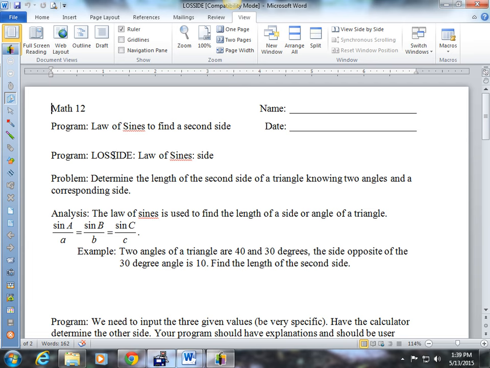Ambiguous case, though. Can there be some testing on the ambiguous case? Yes, because we're going to use this program not to find one angle, but to find both of the possible angles. And then, once we find both of the angles, how do we test to see if they're going to work or not?